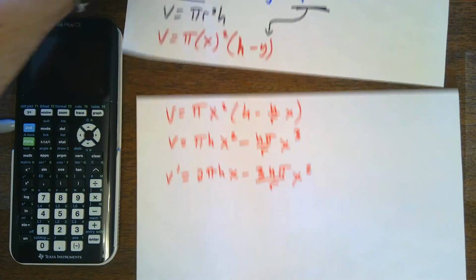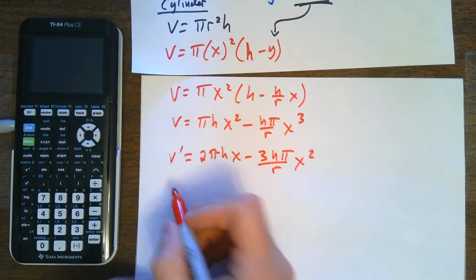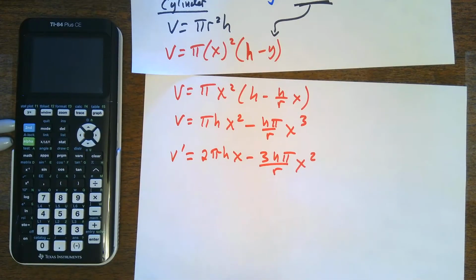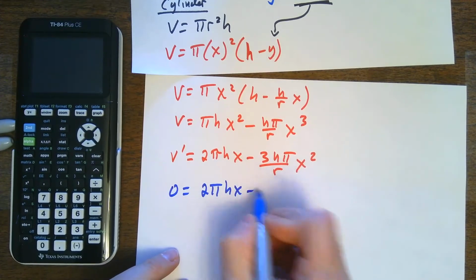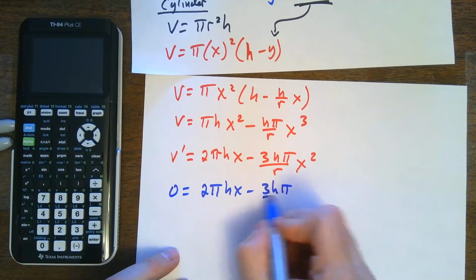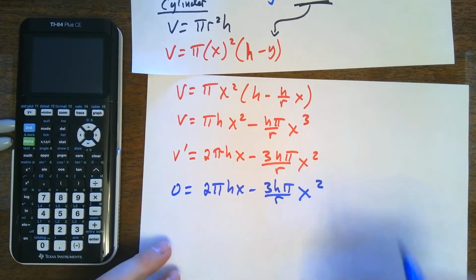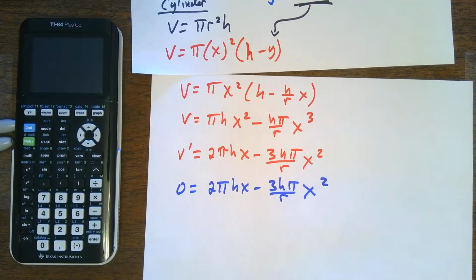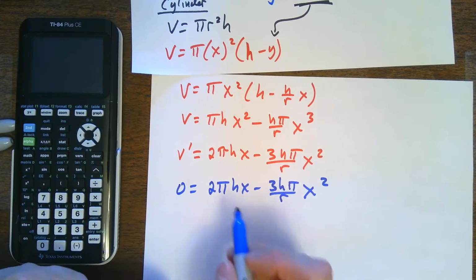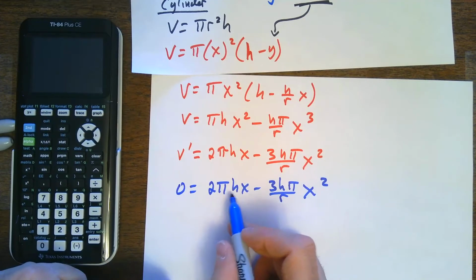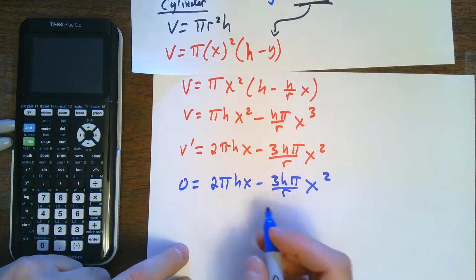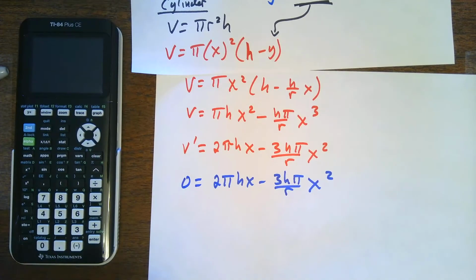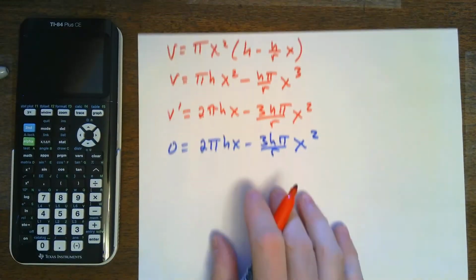Set that equal to 0. 0 equals 2 pi h x minus 3 h pi over r x squared. And solve. What can I factor out here? Not a constant. I can factor out an h and a pi, but I'm just going to make it simple and factor out just an x for a moment.